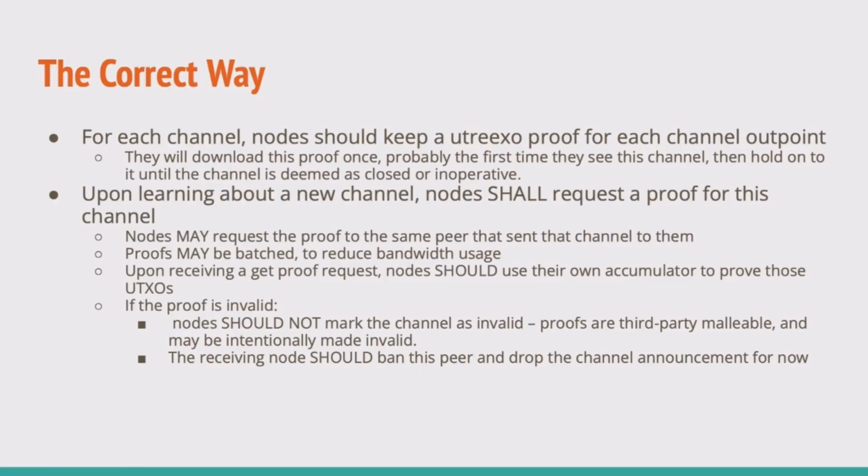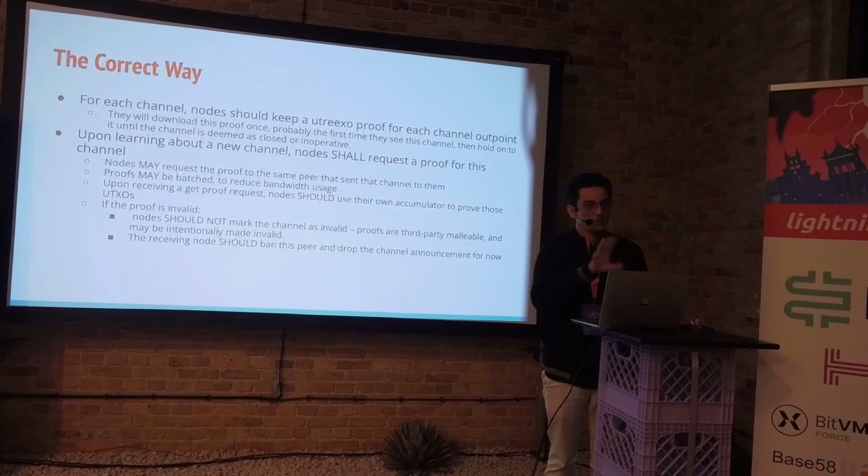And whenever someone is syncing gossip from you, they request proofs for those UTXOs. So you download the proof, you verify it. If it's valid, you keep it locally. That chain is valid. You just keep going. And then if some other node is synchronizing, they learn about a new channel, they look at the channel outpoint, they request this from some other peer.